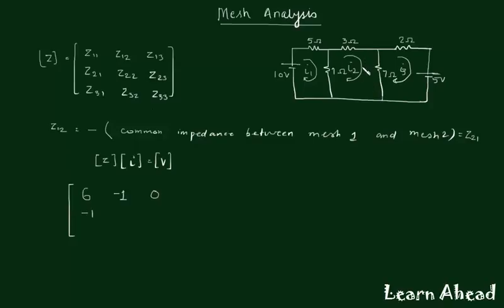Z22, the impedance of mesh 2, will be equal to 1 plus 3 plus 7 equal to 11. Z23, minus of the impedance common between mesh 2 and mesh 3, will be minus 7, and Z32 will be equal to minus 7, and Z33 is the impedance of mesh 3, which will be equal to 9.